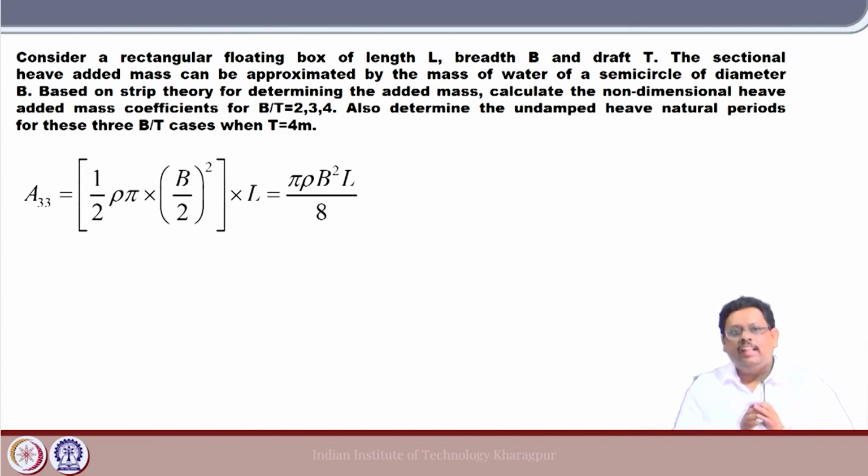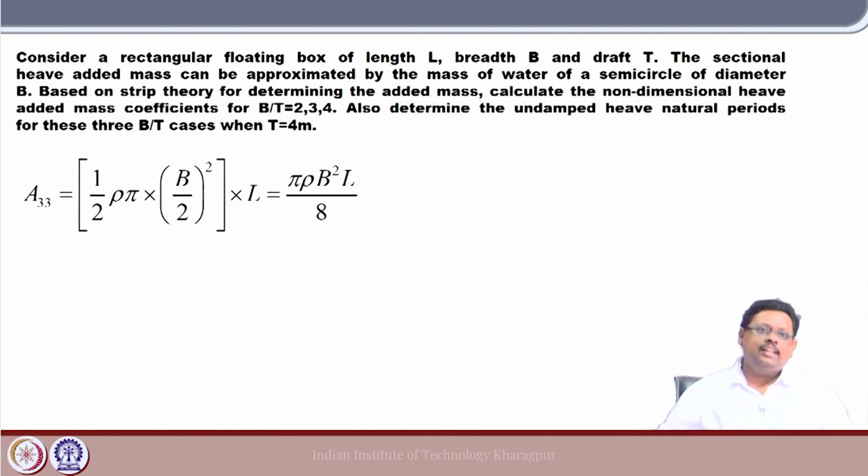So, the area is pi (b/2) squared for the circle, and if you multiply by another half, it is the area of the semicircle. Now, if you multiply by rho, it is a mass, and if you multiply by the length L, then it becomes a volume, so that the dimension is equal to the dimension of mass. So, I understand A33 equals pi rho b squared L by 8.